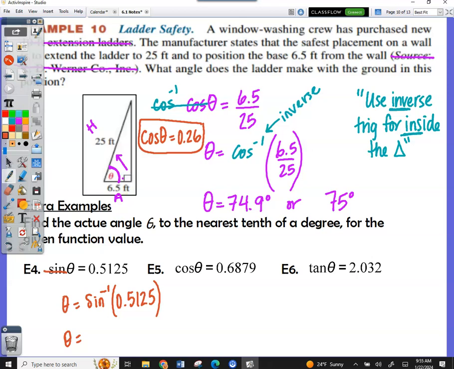Don't be scared of the decimal. Don't let that confuse you.